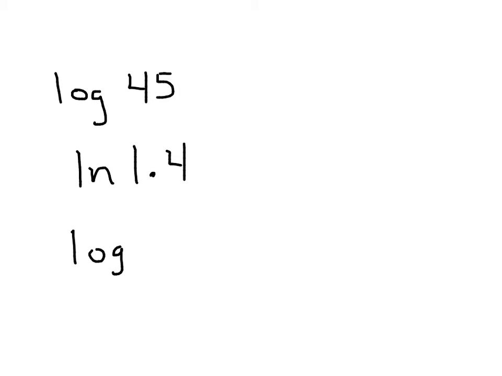Number 14 has log of 45. 15 has the ln of 1.4. And 16 has the log base 2 of 32. The directions say evaluate the logarithm, round your answer to 3 decimal places if possible. I forgot to put the if possible part, but you get it. So you can do it with the first 2. On the first one, all you do, you guys, is type in your calculator log 45, enter.